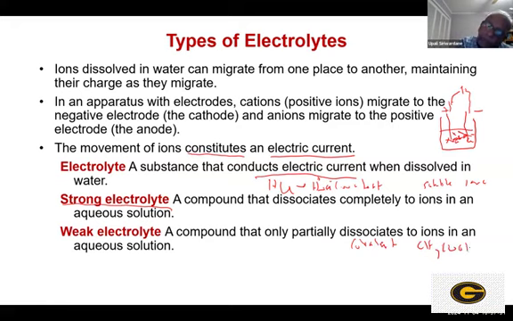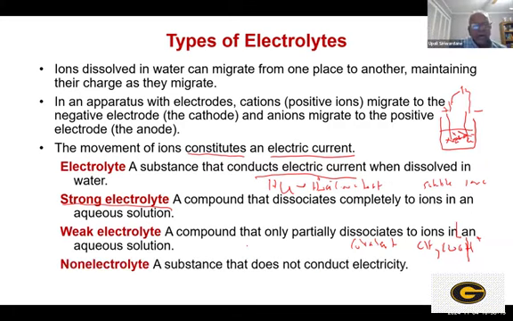It breaks up into hydrogen ion and acetate ion, but this is partial. So you can classify by whether ions are in the solution. It could be a strong electrolyte or weak electrolyte. A non-electrolyte is a substance that doesn't break up into ions in water.